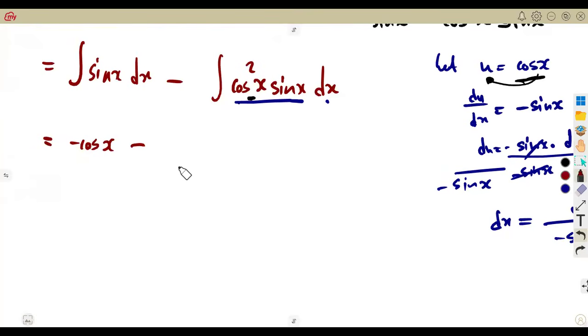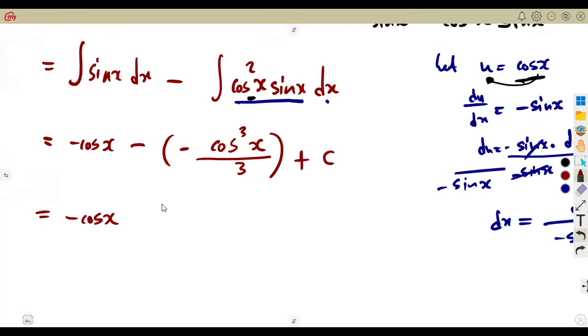This was going to give us a negative at the end. So we've got negative cos cubed x over 3, plus the constant of integration. So you can simplify: minus cos of x, minus minus, that's a plus. So that's cos cubed x over 3, plus the constant of integration.